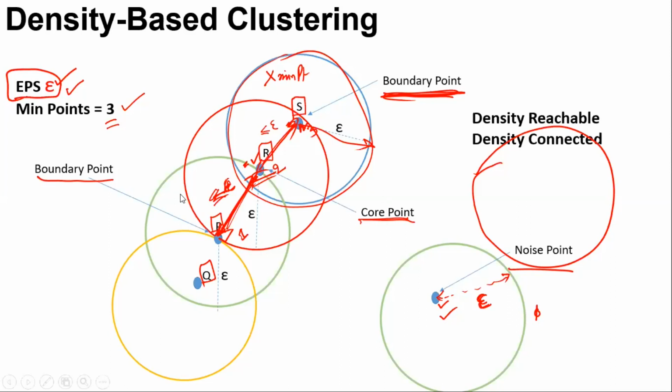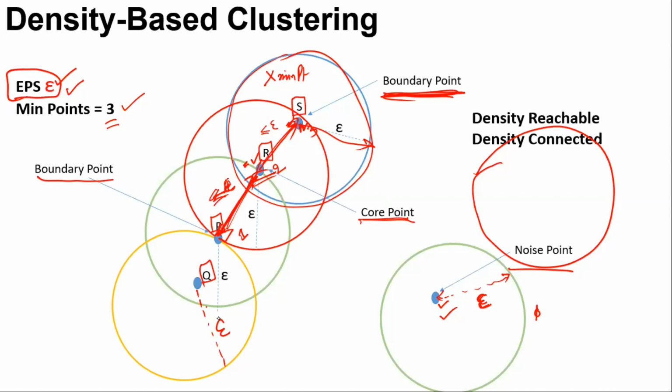Now what about this Q? Is Q a core point or a boundary point? How many elements do we have around Q? Let us assume epsilon here too. Q and P, 2 points.